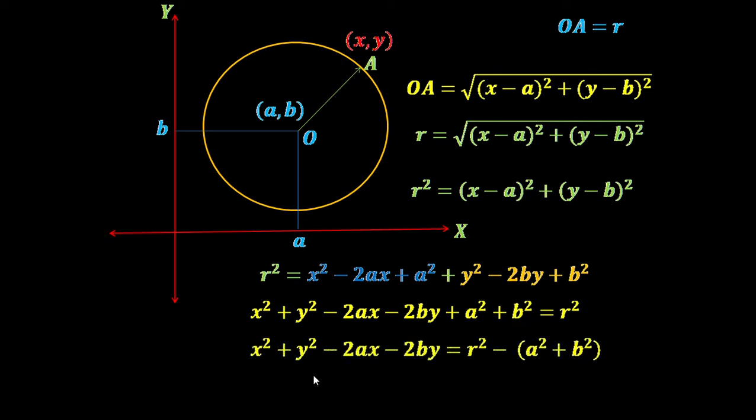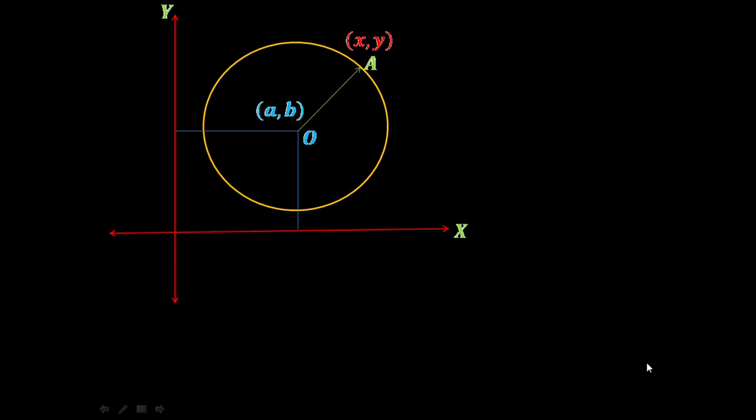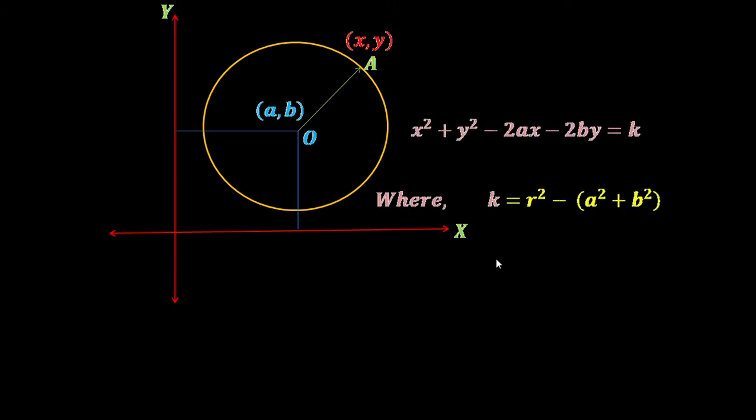Further, we can rearrange it as x square plus y square minus 2ax minus 2by equals r square minus (a square plus b square). Now if we consider this total term, r square minus (a square plus b square), as k, then our equation becomes x square plus y square minus 2ax minus 2by equals k, where we can say this k is r square minus (a square plus b square).